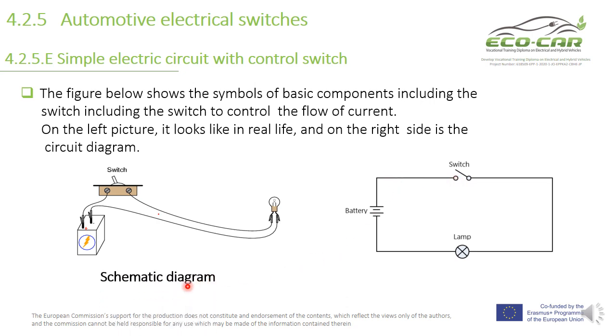This is called a schematic diagram, but this circuit is called a circuit diagram to show the flow of current. This is the flow of current. So the current here is 0 since the switch is open. When the switch is closed, there is current flow through this lamp to the negative side of the power supply.